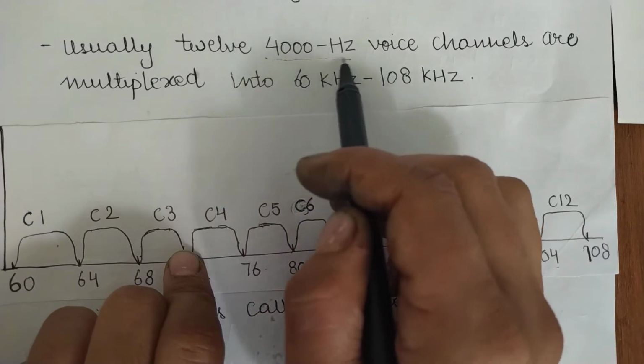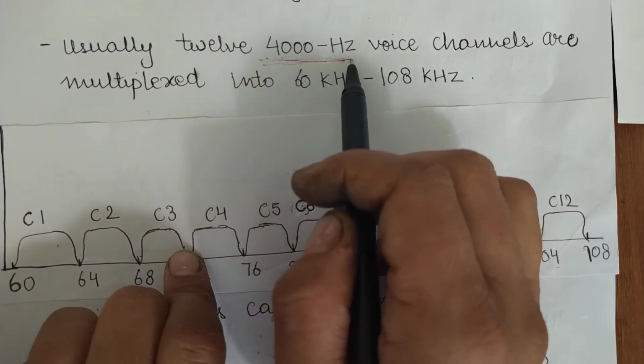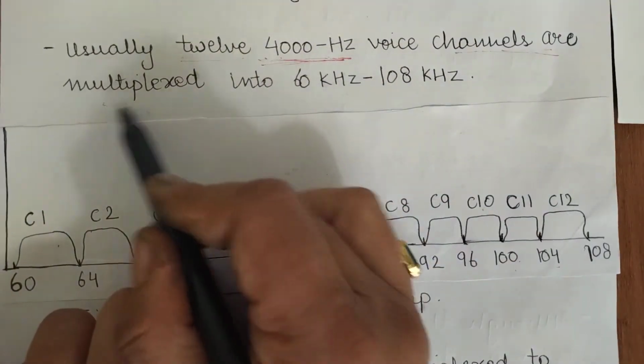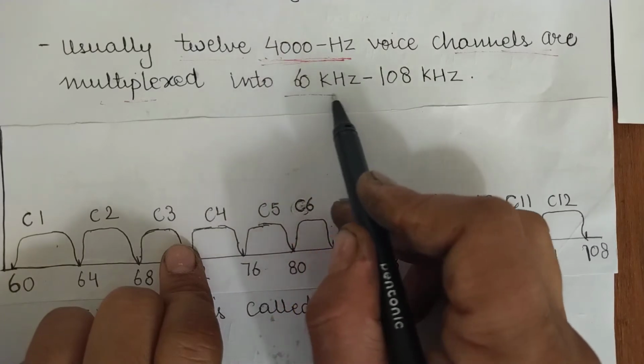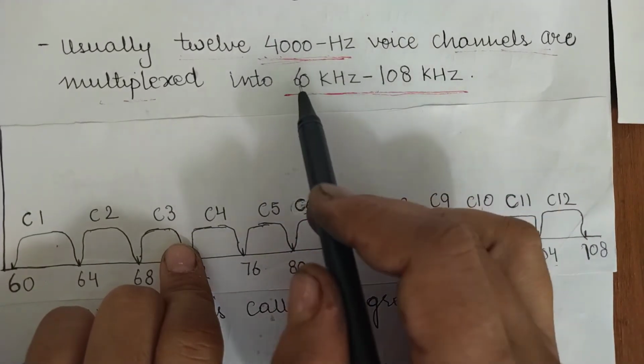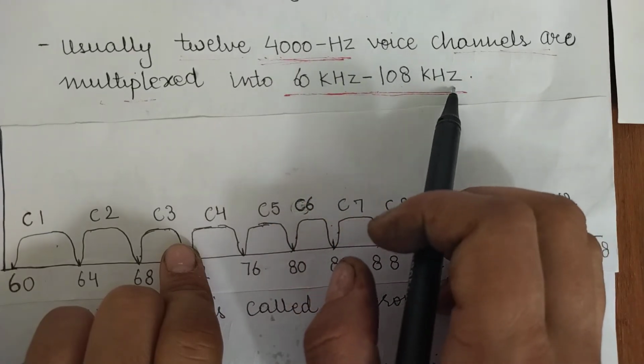So the one voice channel utilizes 4000 Hertz of frequency, and 12 such channels are combined or multiplexed, and they then use the frequency range of 60 kilohertz to 108 kilohertz, right? I'll explain it through a diagram.